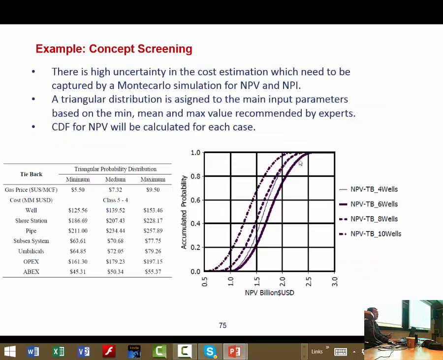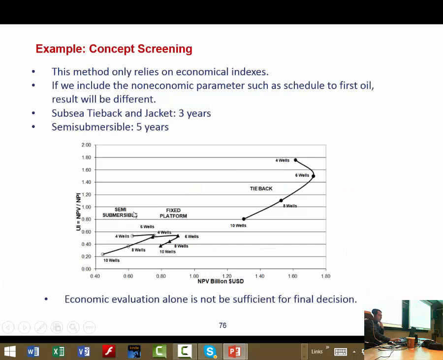So if you include these 5 years in the net present value calculation, then semi-submersible will move back to the left. Net present value will be much less than the previous calculation. This is just to show you that economic evaluation alone is not sufficient for the final decision, and you need to include all the parameters in the decision.